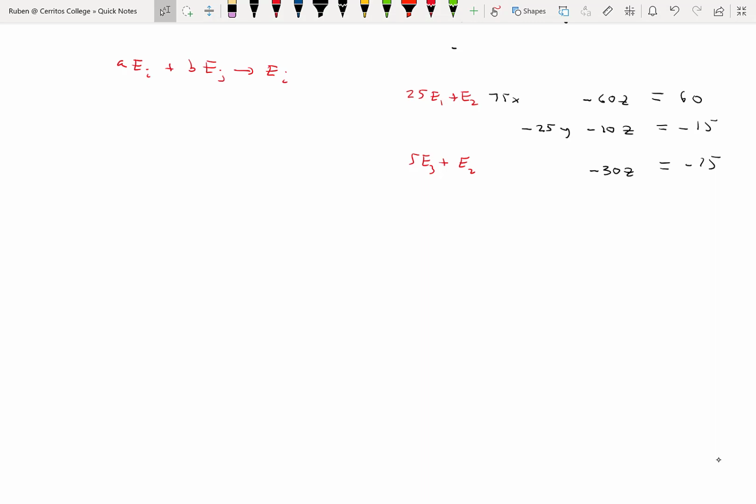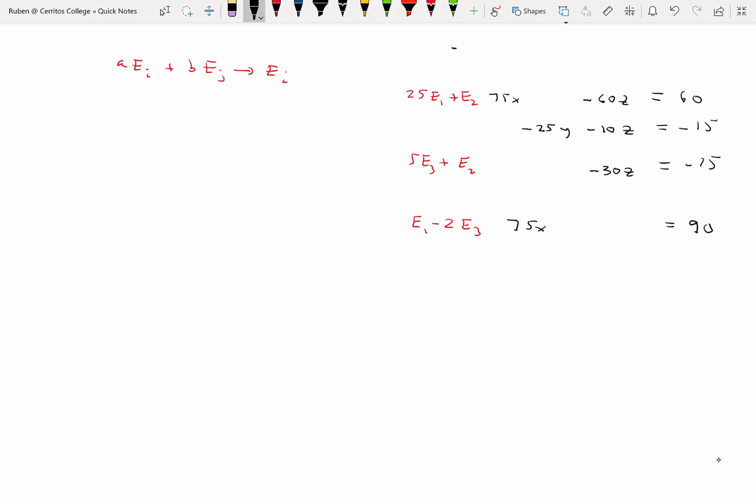I'm going to take equation 1 and subtract 2 equation 3's and put it back into the position of equation 1. Okay, if I do that, I'm going to get 75x equals 90.